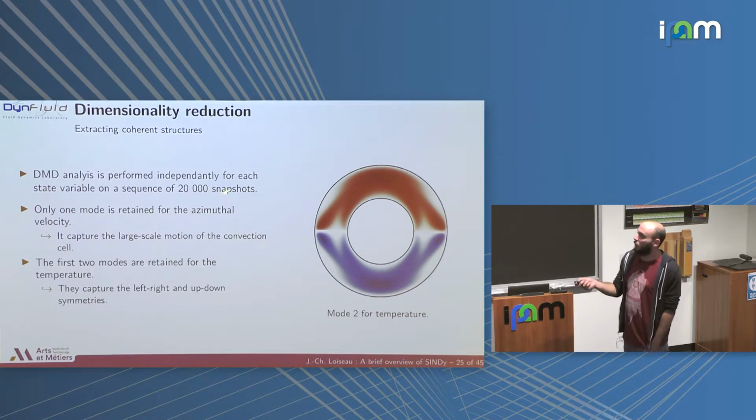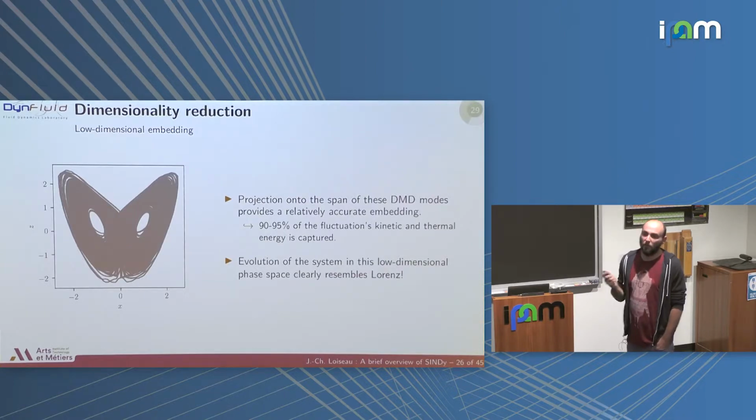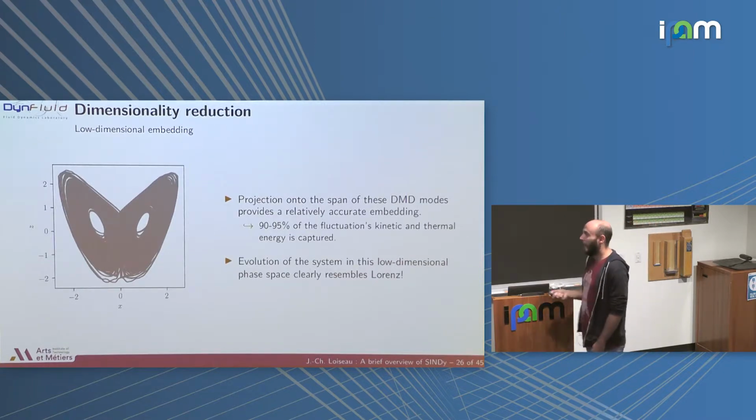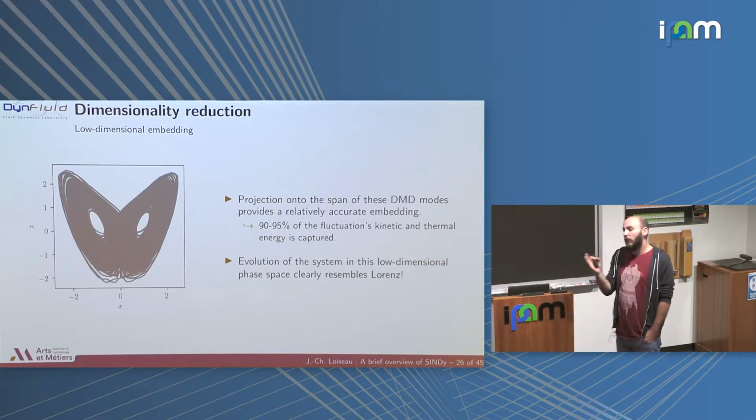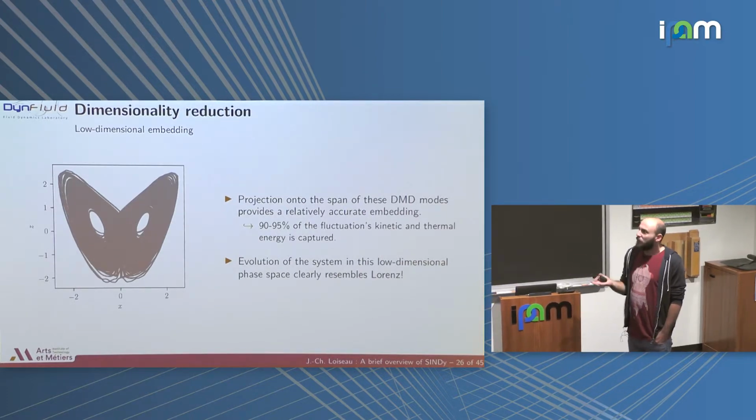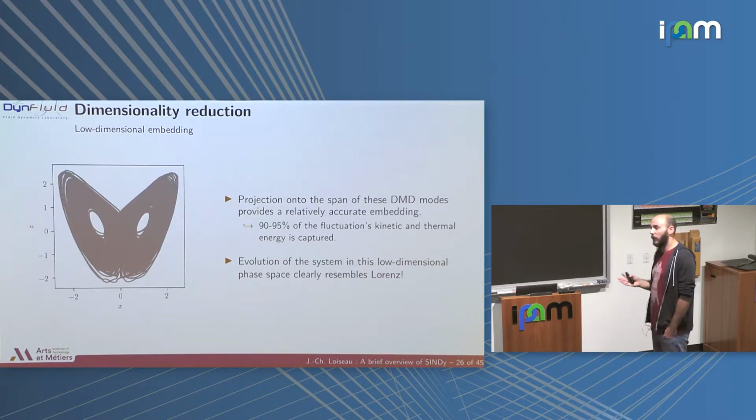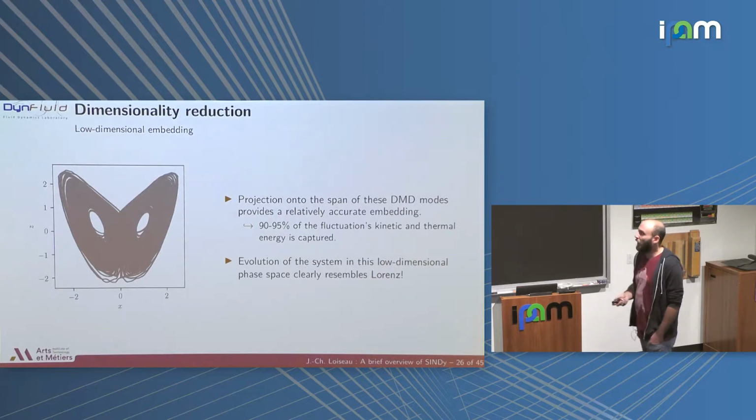If we project our 20,000 snapshots onto these vectors, that's what we get. And that's Lorenz. Anyone familiar with Lorenz? That's just the wings. Even though we considered just one mode for the velocity and two modes for the temperature, it's a reasonably accurate embedding. We capture approximately 90% of the fluctuation thermal and kinetic energy.